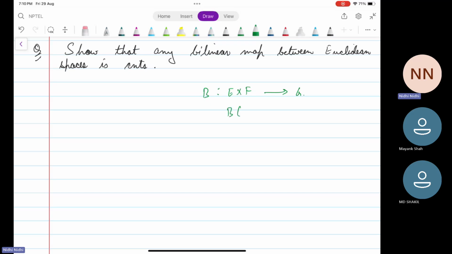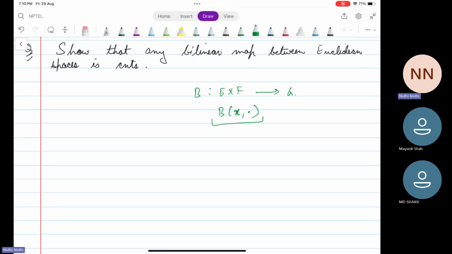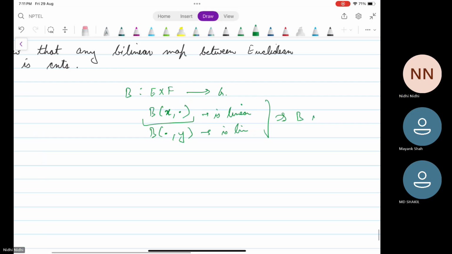That means if I fix the first component, say x, and take the second component as variable, this is a function in one variable. This is linear. Similarly, B(·, y) is linear. Then we say that B is a bilinear map. That means it is linear with respect to each component.